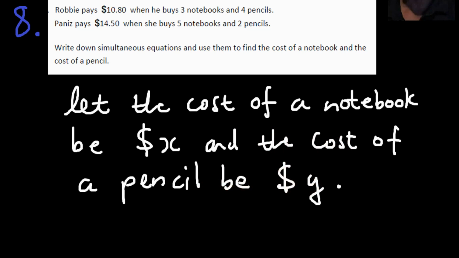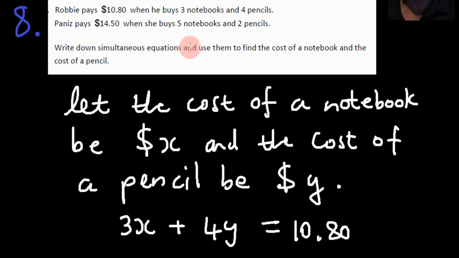Now we can set up simultaneous equations. We know that Robbie buys 3 notebooks and 4 pencils. So he's going to pay 3 times x for the notebooks and 4 times y for the pencils. And this must come to $10.80.